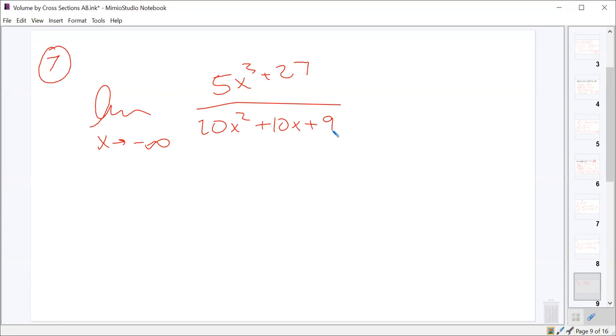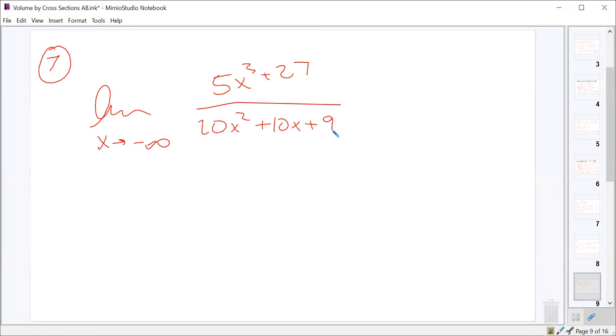So for this one, first we could plug in the negative infinity and we'd see that this is becoming a very, very large number. This is infinite and this is also infinite. So if we wanted to be really thorough about this, we could use L'Hopital's rule and take the derivative and then take the derivative and then take the derivative and just keep doing that until we ended up with something that wasn't infinity over infinity.